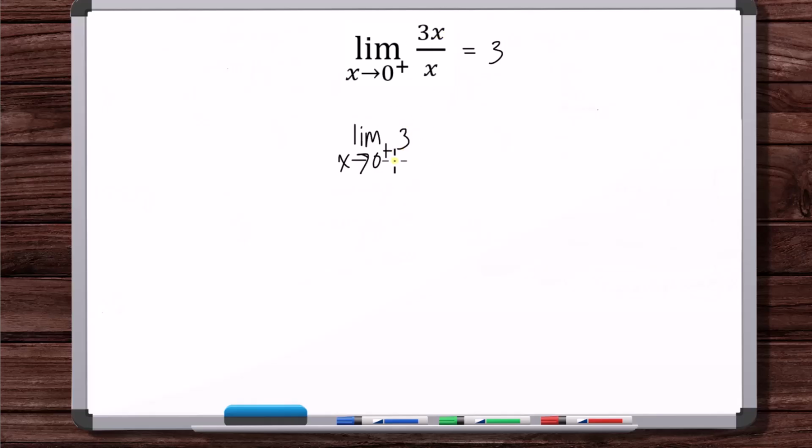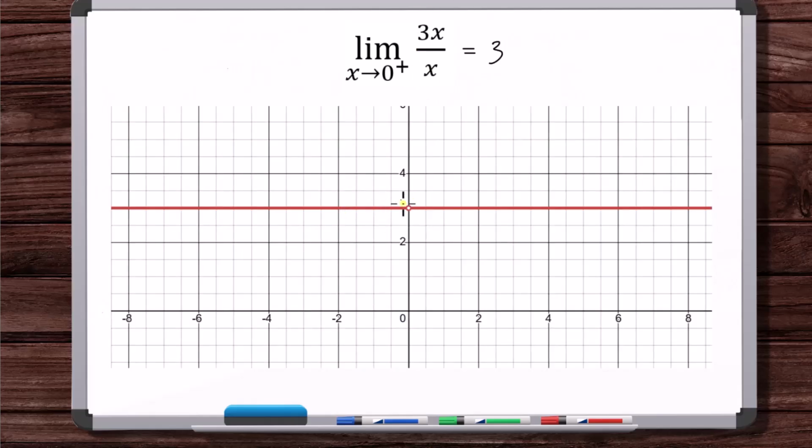So what that means is that this function is exactly the same as the horizontal line at y equals 3, except there's a hole at 0 because you can't divide by 0, right? There you go. What the limit is equal to as x approaches 0, well, just from the right, but it wouldn't matter, you could do a general limit here, is what the function would be equal to if it was defined at 0, which is 3.